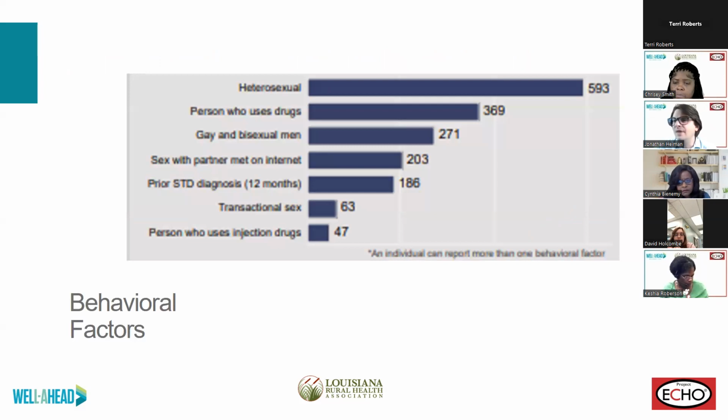Okay, and then this is just something that we already mentioned, but there are some further behavioral factors that we could talk about. And again, gay and bisexual men make up a large portion of the total cases in the state, especially considering their relatively small representation in the entire population. All right, next slide, please.